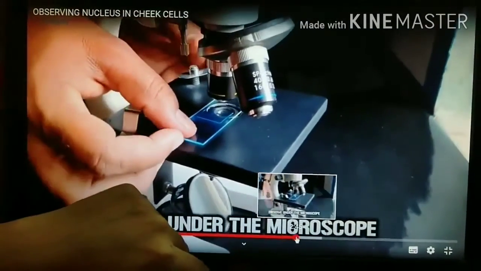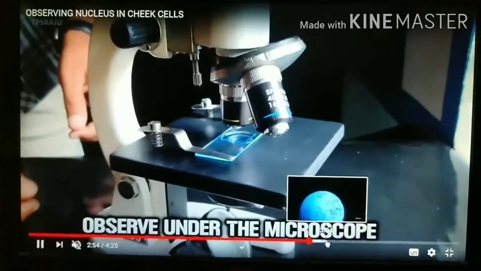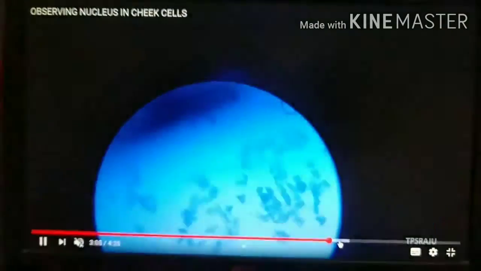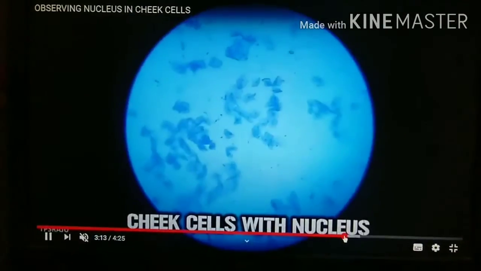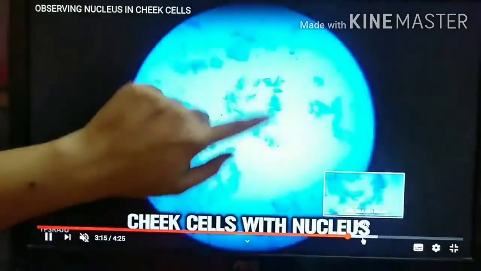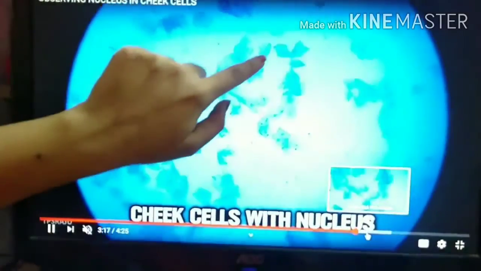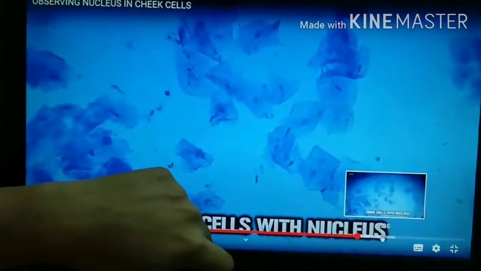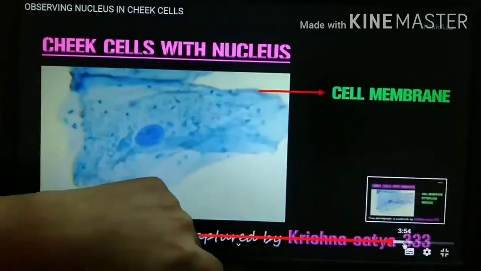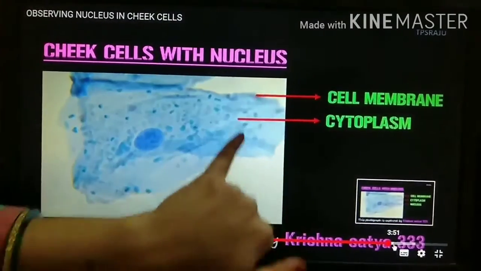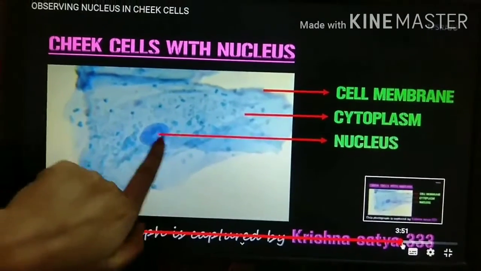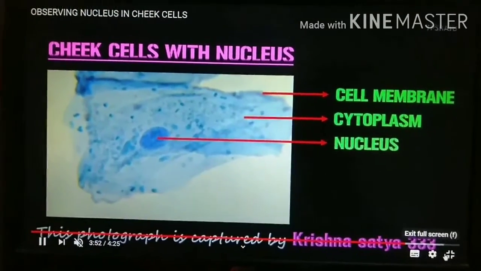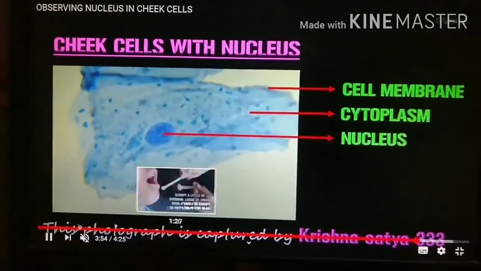If we observe under the microscope, the cheek cells will appear this way. In these cheek cells you can see the nucleus at the center. This is the cell membrane, this is the cytoplasm, and this is the nucleus. This is the activity given in your book.